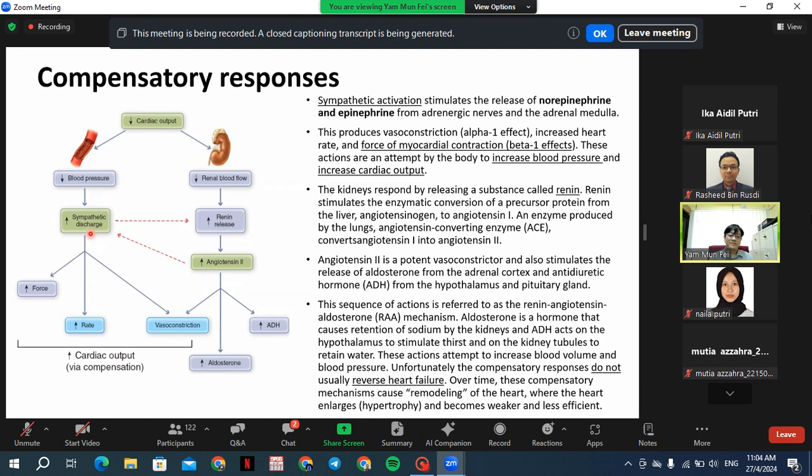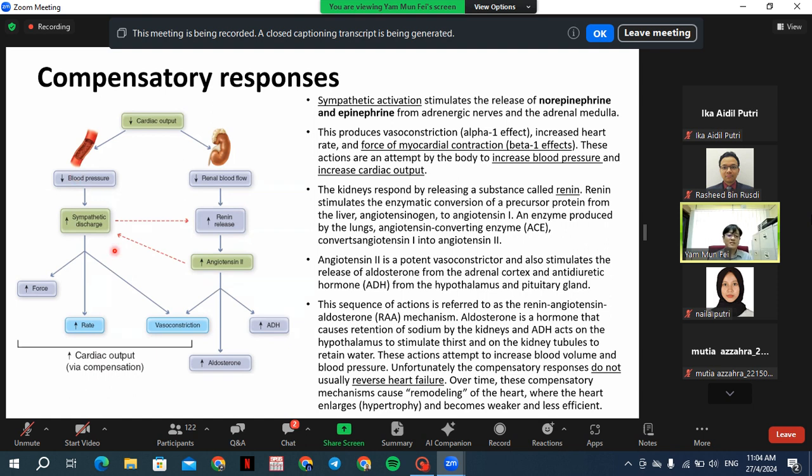These elements will cause vasoconstriction and increase your heart rate and your cardiac contraction force as well. So your cardiac output will increase, sometimes back to normal, sometimes not necessarily. The combination of these two scenarios we call the compensatory response.